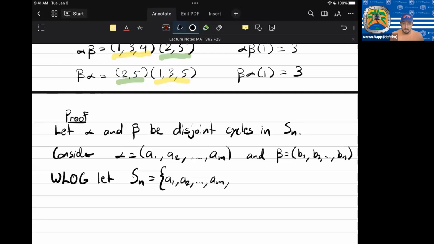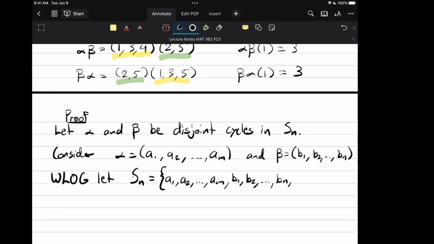Everything that beta permutates or has an effect on. And because alpha and beta are disjoint, I know all these A's and B's can't be the same. And then what's the third possibility? There are other stuff inside of it that aren't in alpha and beta.